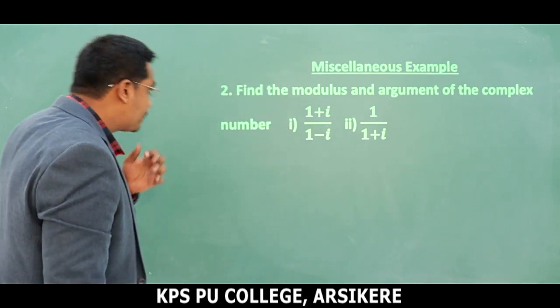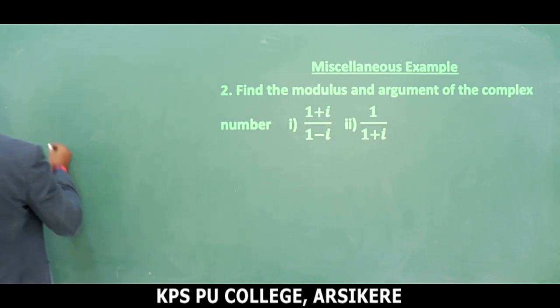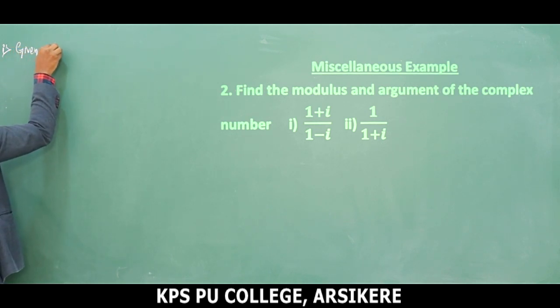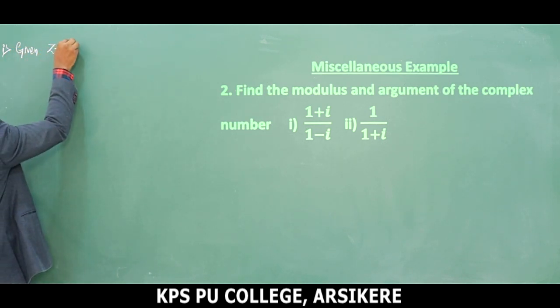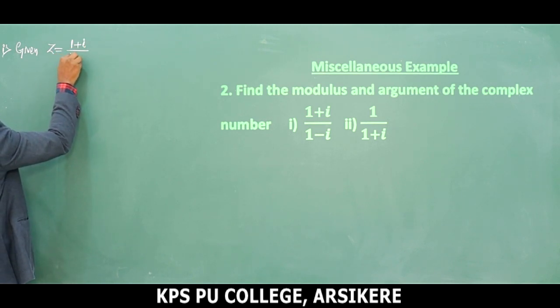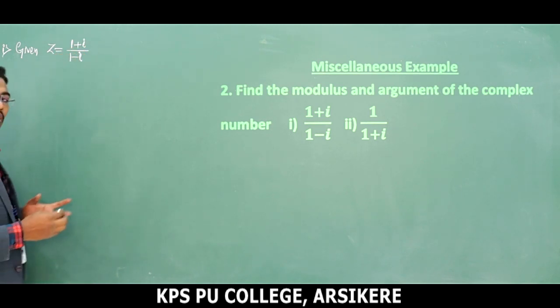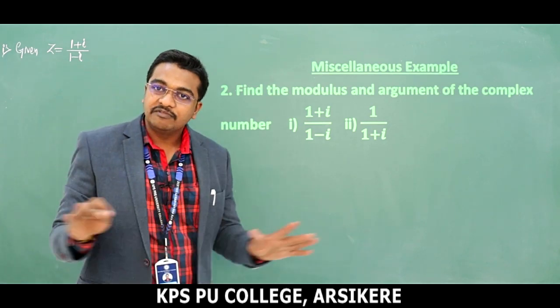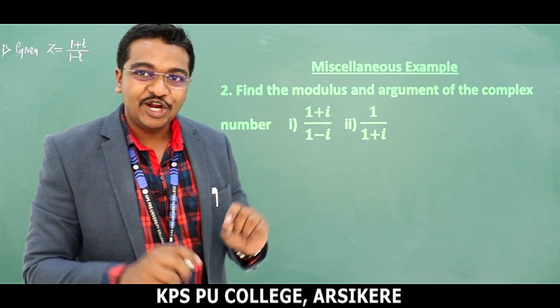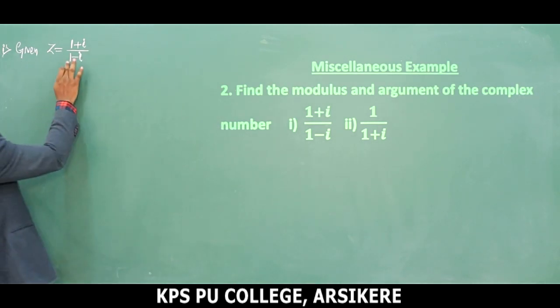Okay, first question. Solution for the first one. Given, I will take the given complex number as z equal to 1 plus i divided by 1 minus i. How to simplify this number? Concept is very simple. Multiply and divide by the conjugate of what? Denominator. What is the denominator here? 1 minus i.